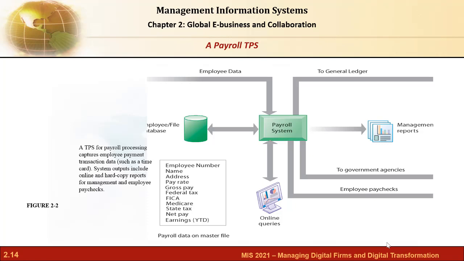It also supplies employees' payment history data for insurance, pension, and other benefit calculations to the firm's human resource function, and employees' payment data to government agencies for income tax, for example.